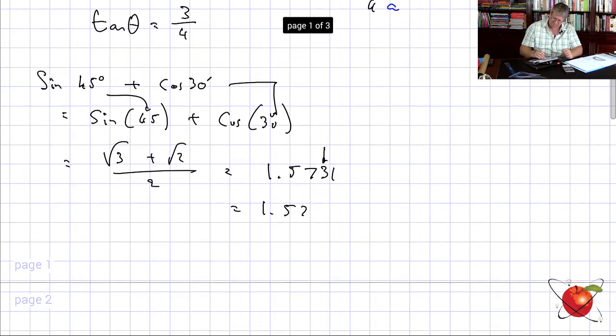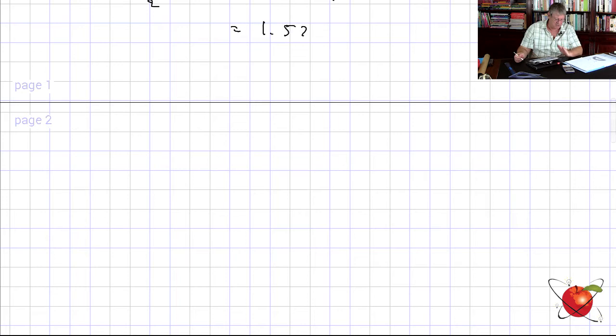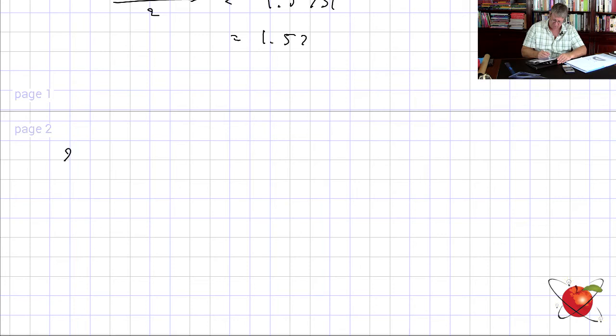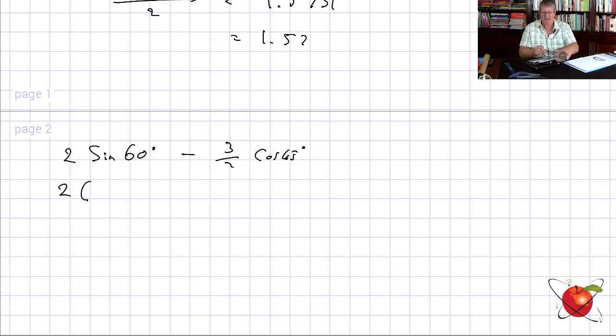Now, let's just look at a couple more. Let's look at 2 sine 60 minus 3 over 2 cos 45 degrees. Now, if you want to do it like this, you could say, that is 2 times what? Let's look up sine 60 first. That is root 3 over 2, and I press SD, 0.866.